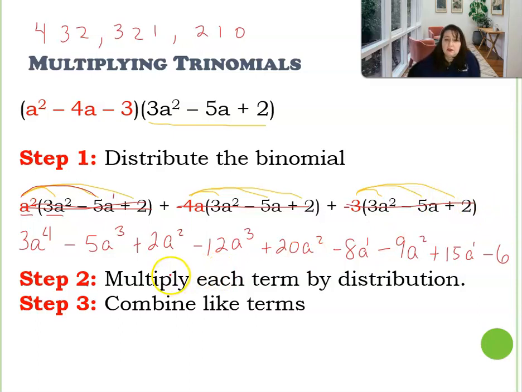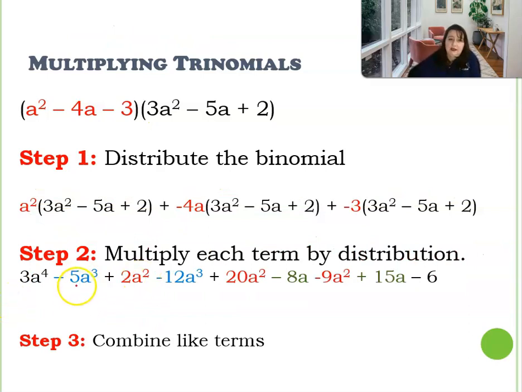Okay? So that's my step 2, and I'm going to go ahead and show you a picture of it. And I color-coded it so I have it all nice and neat too. That helps a little bit. But what I want to do is combine my like terms. Like I mentioned when I multiplied the trinomial by the binomial in my last video, you're going to notice that my first and my last terms are not combined.